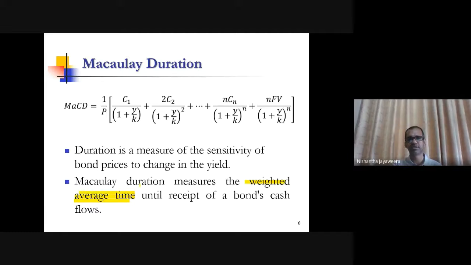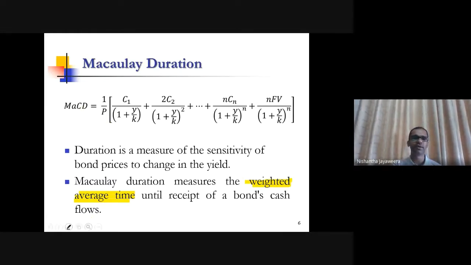So it's not average time, it's weighted. We weight the time by the present value of the cash flows.